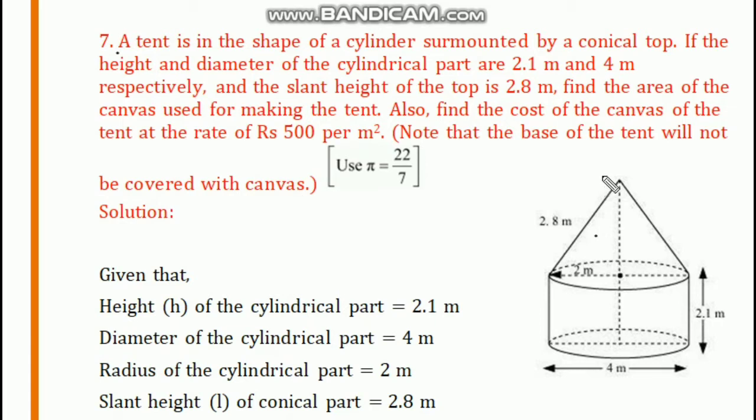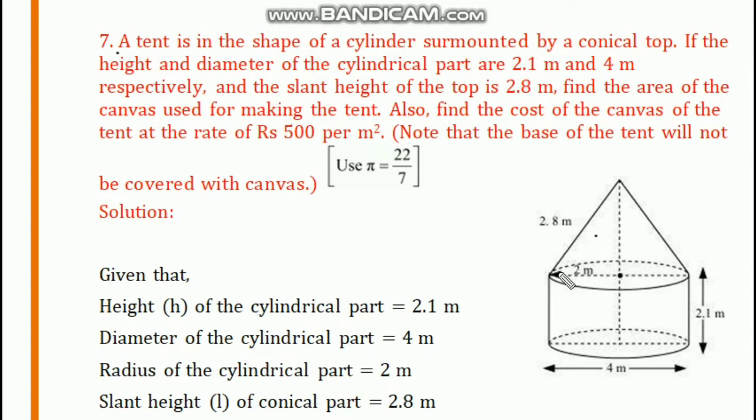Here given the slant height of the tent is 2.8 meter, the height of the cylindrical portion is 2.1 meter, and the diameter of the cylinder is 4 meter.